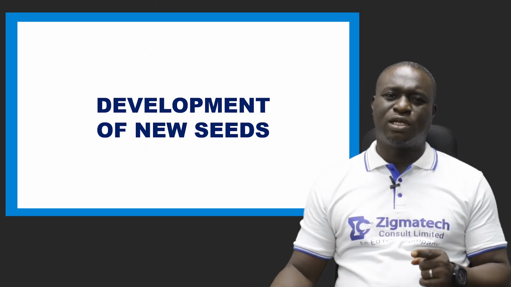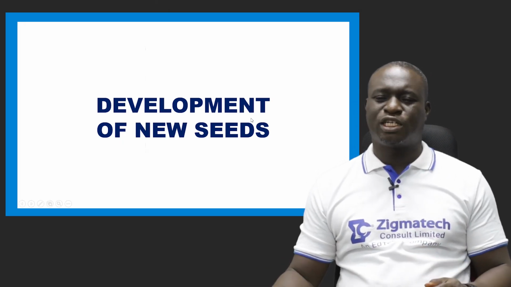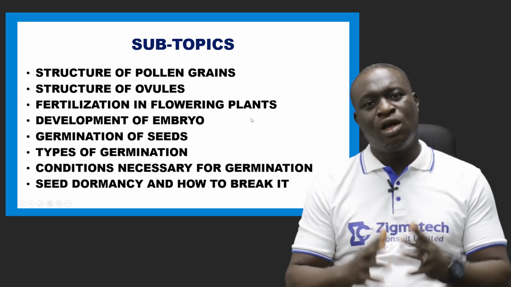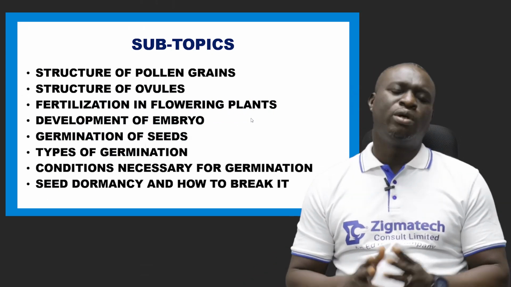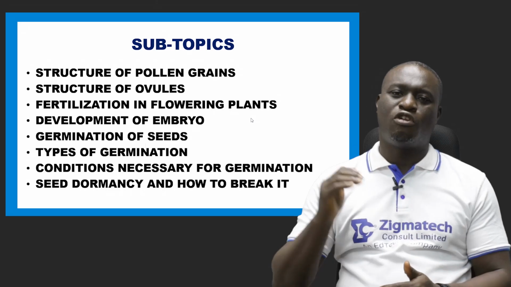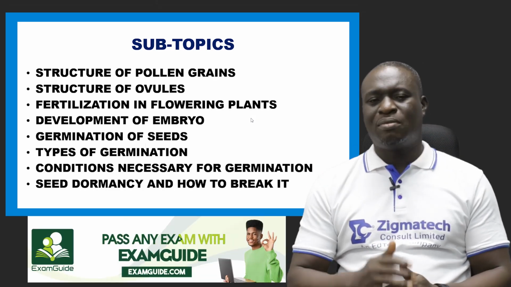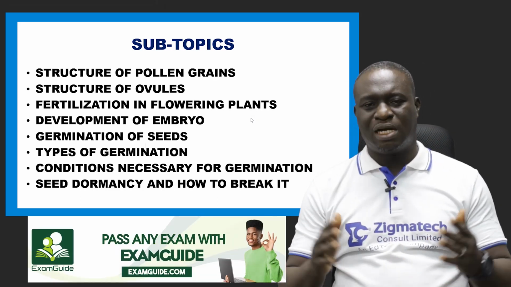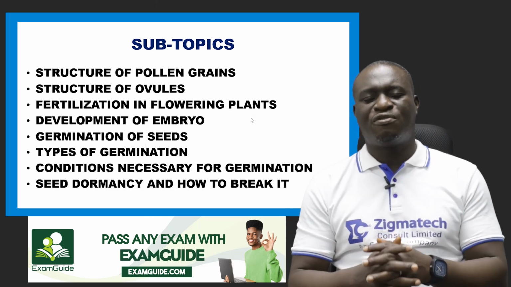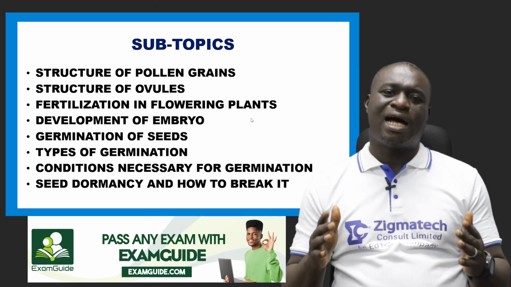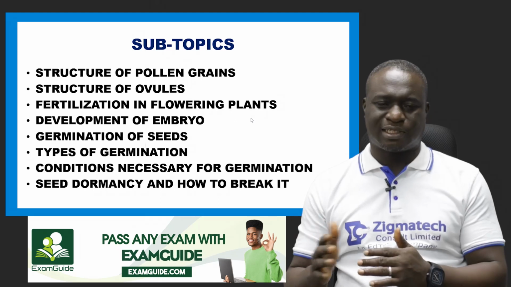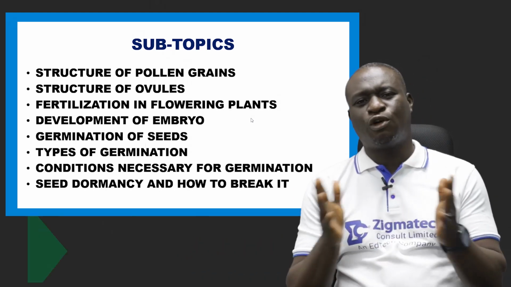Now, in this particular topic, we will be exploring a whole lot of new issues. We will be looking at the structure of pollen grains. Remember when we were looking at the structure of the flower, we said that the flower has floral parts.